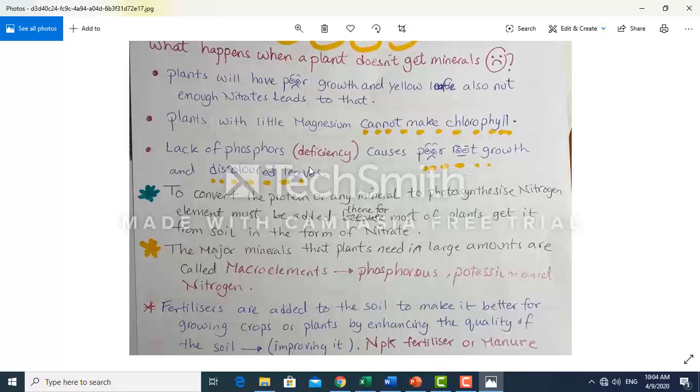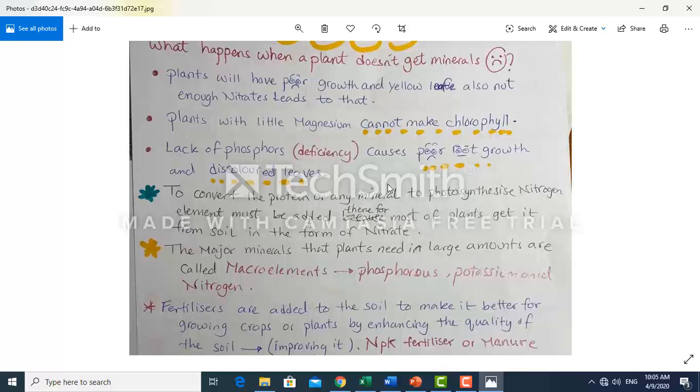discolored leaves. Okay, in order to convert the glucose that we take, or any source of energy, into protein, the nitrogen element must be added. Why do we add the nitrogen?